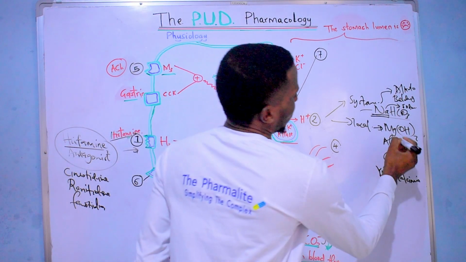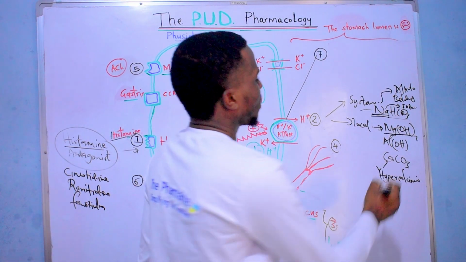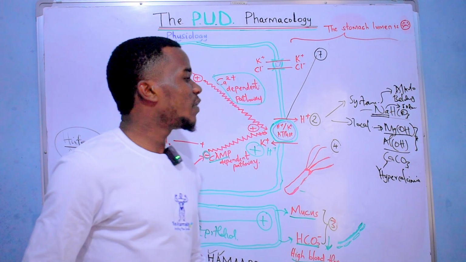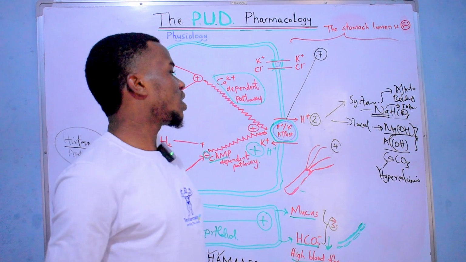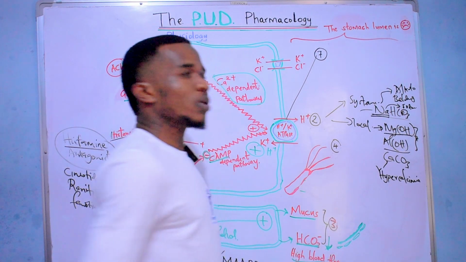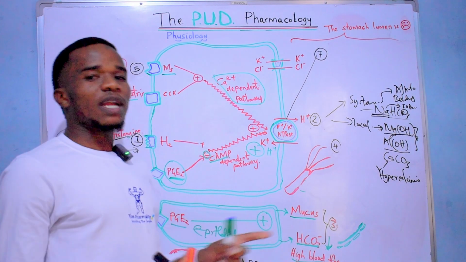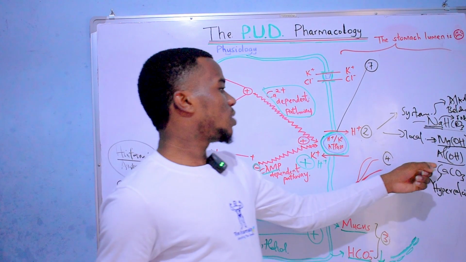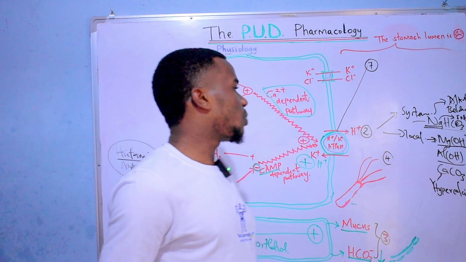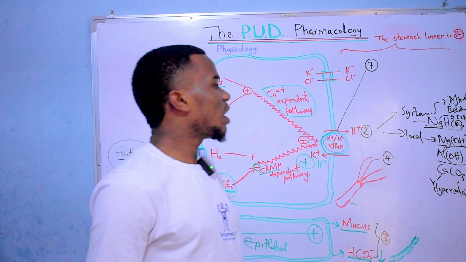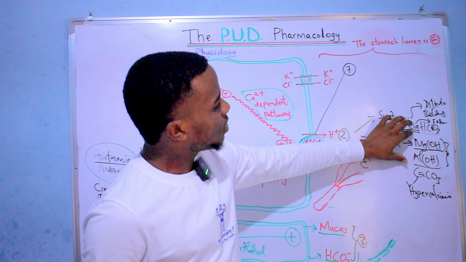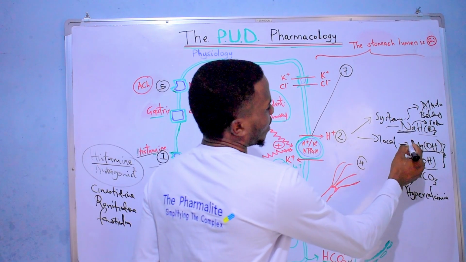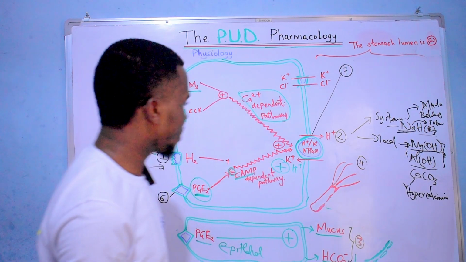So magnesium hydroxide and aluminium hydroxide are the most commonly used, and it is a very suitable combination because they tend to cause some adverse effects that are actually an opposite of the other. So aluminium hydroxide highly causes constipation, while magnesium hydroxide highly causes diarrhea. So when they are used together, they are able to cancel the effect of each other, hence stabilizing the patient.